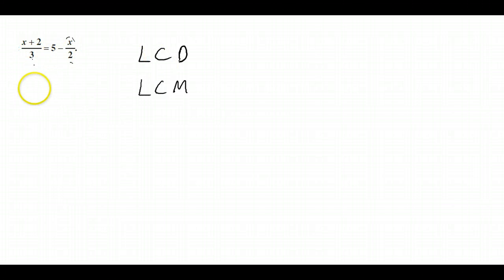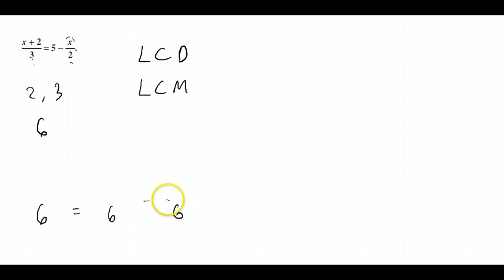So the lowest common multiple for 2 and 3 is 6. The smallest number that's a multiple of both 2 and 3 is 6. That means we want to rewrite these fractions with 6 as the denominator for each one. So we'll put 6 on the bottom of each fraction.